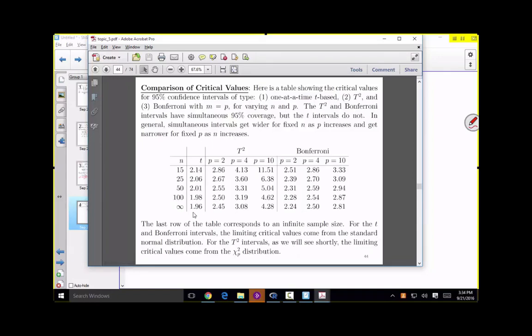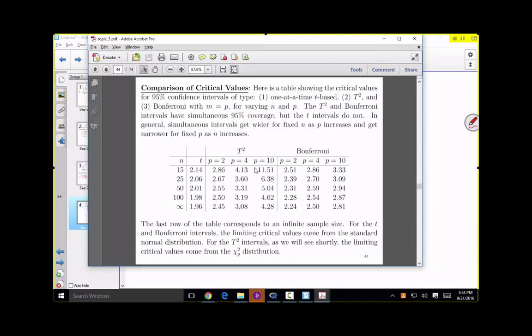The critical values for a 95% confidence interval, if you're doing univariate t style, this is the standard normal critical value, which is the limiting result of the t. These are the numbers you would use as the cutoff in the confidence interval calculations if you were just doing univariate style intervals. What follows are a collection of t squared corresponding cutoffs.